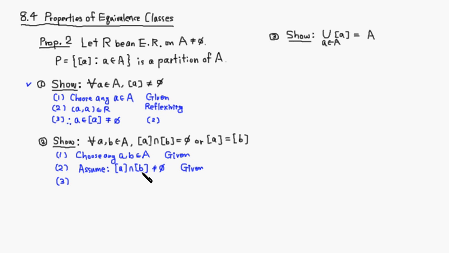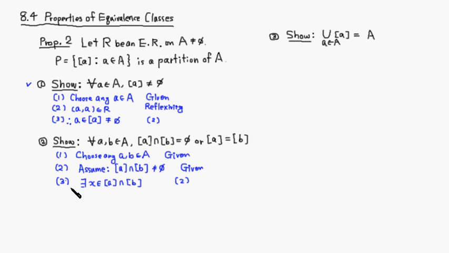Line 3: since the intersection is not empty, there's got to be some element, which I'm going to call x, in both the equivalence class represented by a and the equivalence class represented by b. That just comes from line 2.